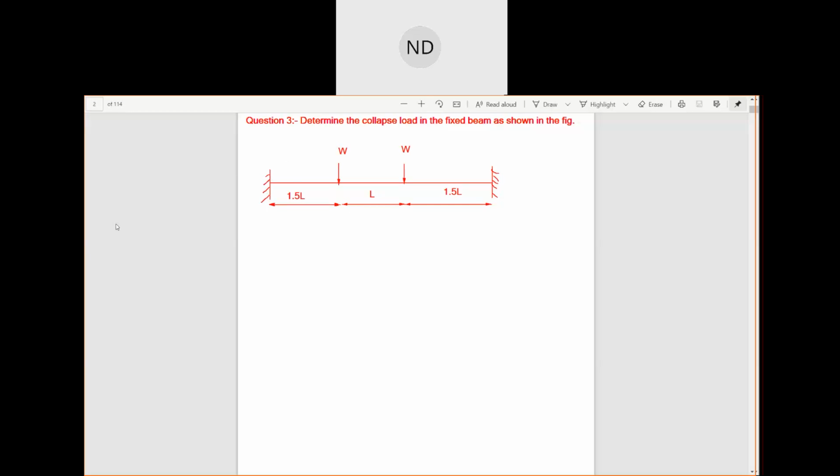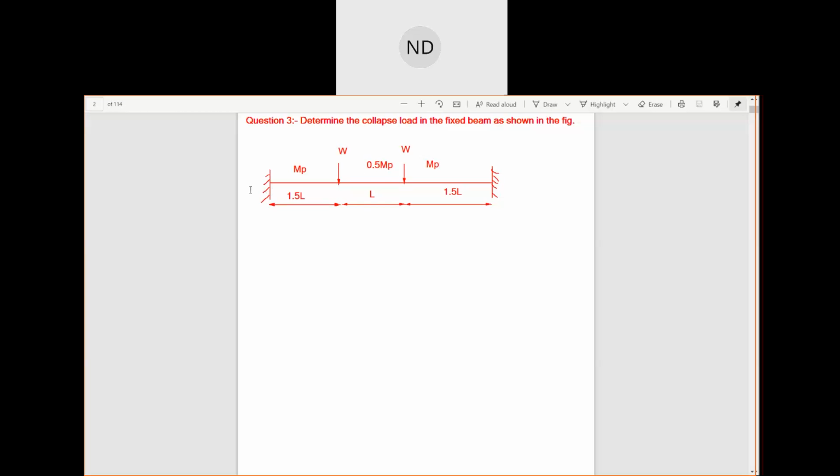MPs are given to be MP. This one is given to be 0.5 MP. Here it's MP.